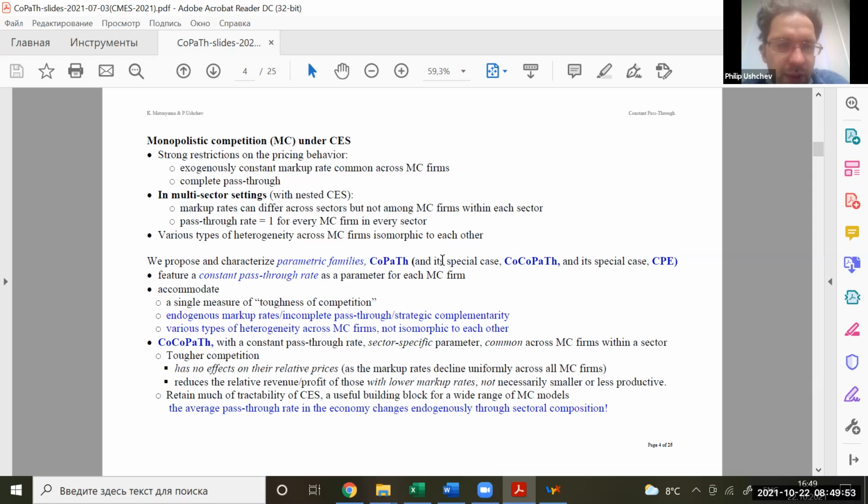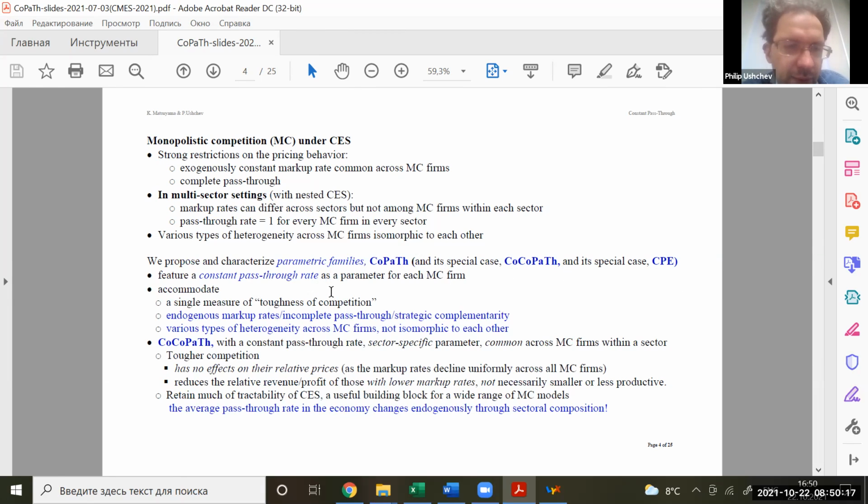So we propose and characterize parametric families, which we call COPaP, constant pass-through, and its special case CoPaP, which is constant and common across firms pass-through, and the further special case of this, which is constant price elasticity, CPE.